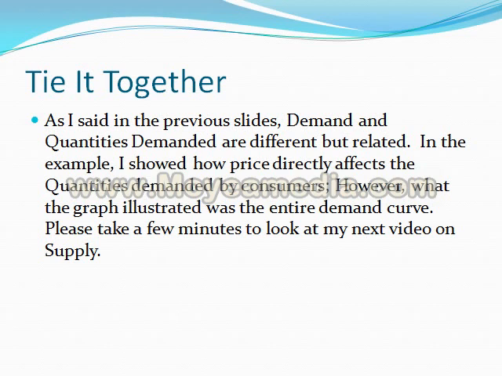It was that overall relationship between price and quantities demanded. That demand curve also comes into play when you're talking about supply. In my next video, I will talk about supply, but I wanted to start us off with demand and how quantities demanded and price overall relate to demand and your demand curve.